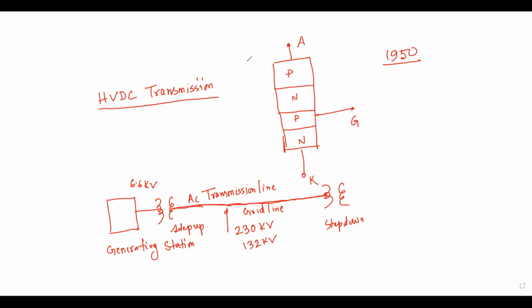So tell me, what is the advantage? Why is the voltage stepped up in the transmission line? If the voltage is stepped up, current will be less and I squared R loss will reduce. Why will the current be less?